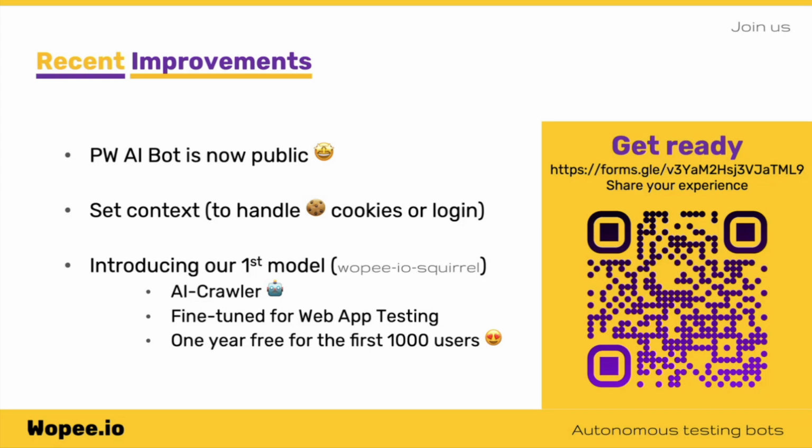Then we also introduced that the crawler is now able to log in, because it wasn't in the initial version. Now you can use login or set up cookies before you start crawling, because sometimes there is no point collecting data from your app to use as user stories and tests if you are not logged in.